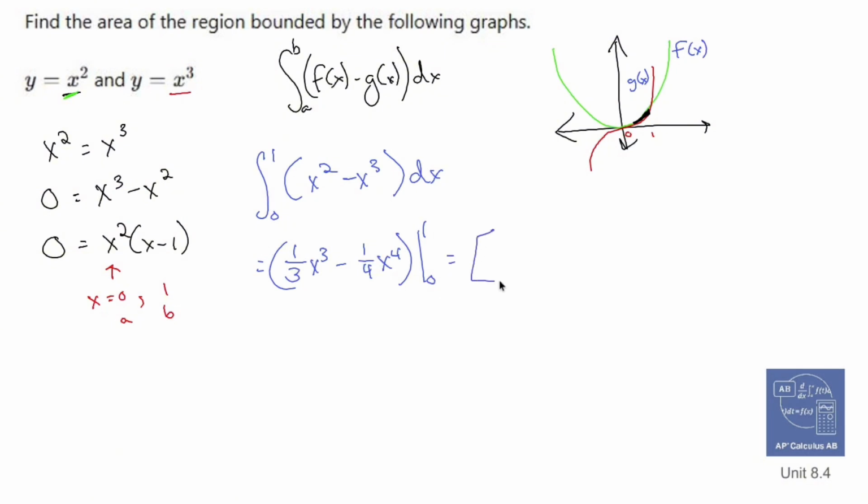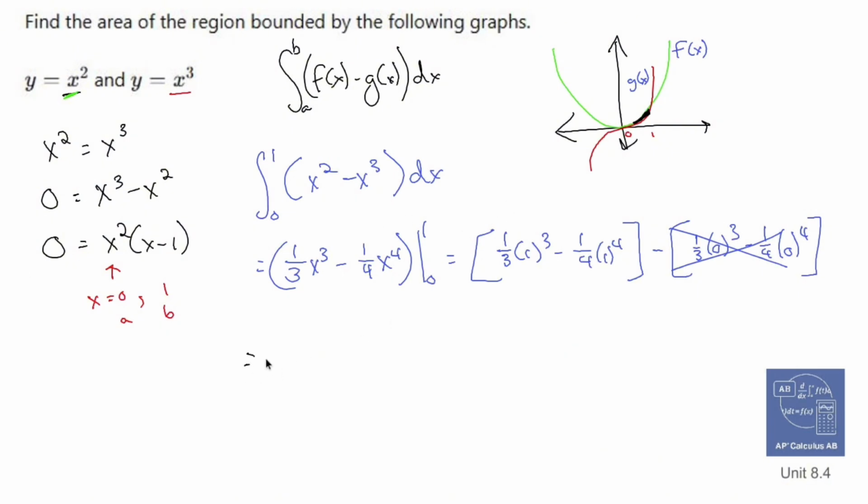So we plug stuff in: 1/3 times 1 cubed, minus 1/4 times 1 to the fourth, minus 1/3 times 0 cubed, easy, minus 1/4 times 0 to the fourth, easy. The entire right bracket is just going to become 0, make it go away.